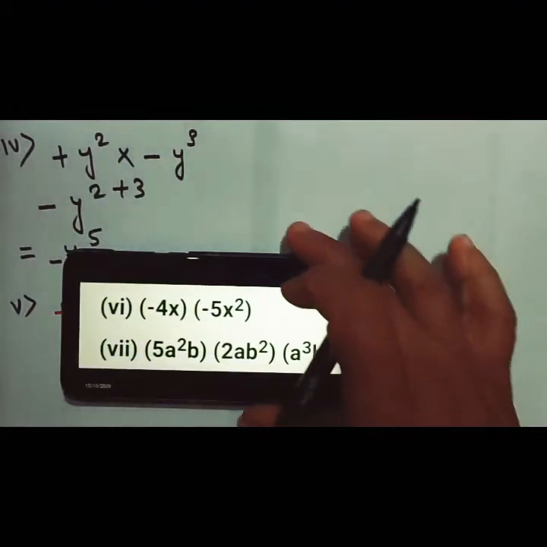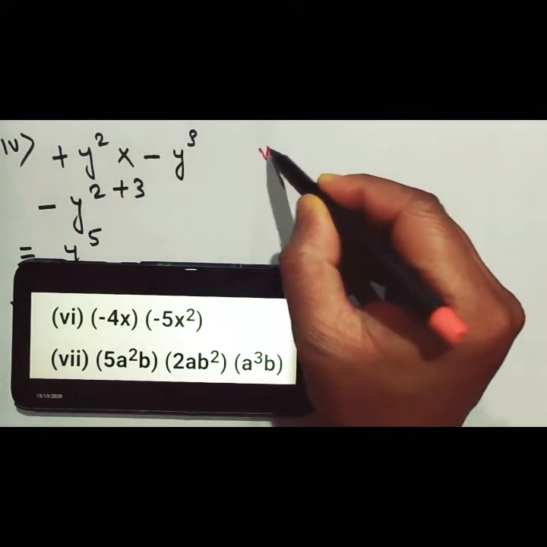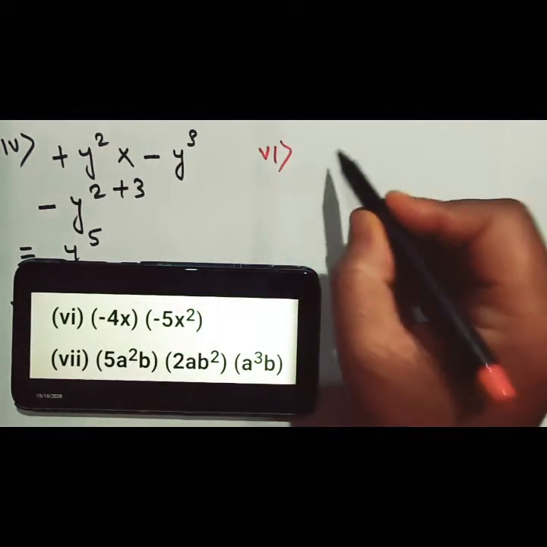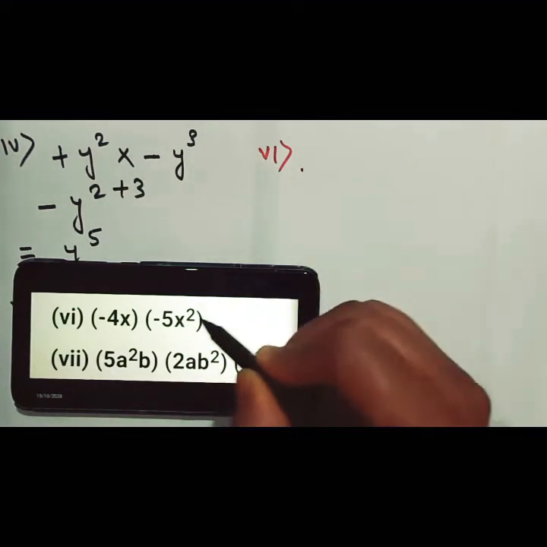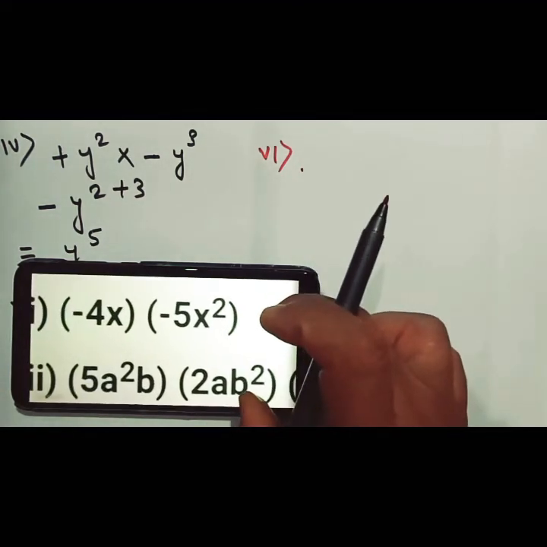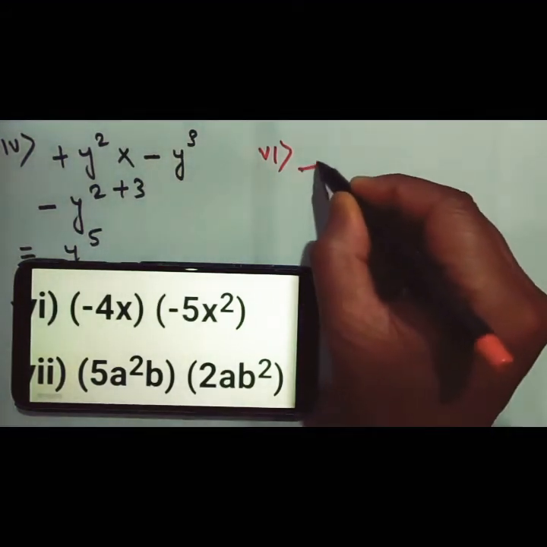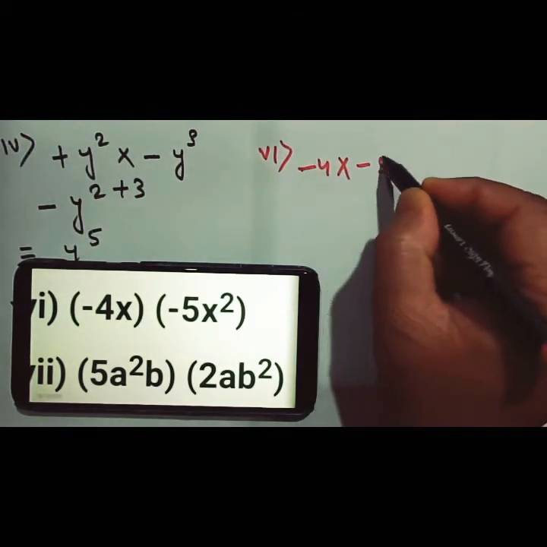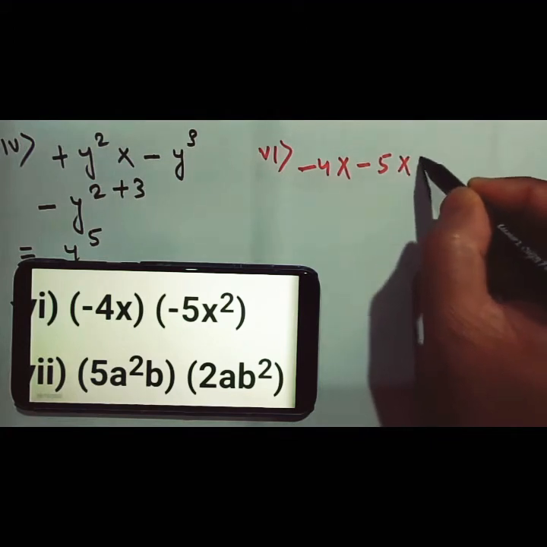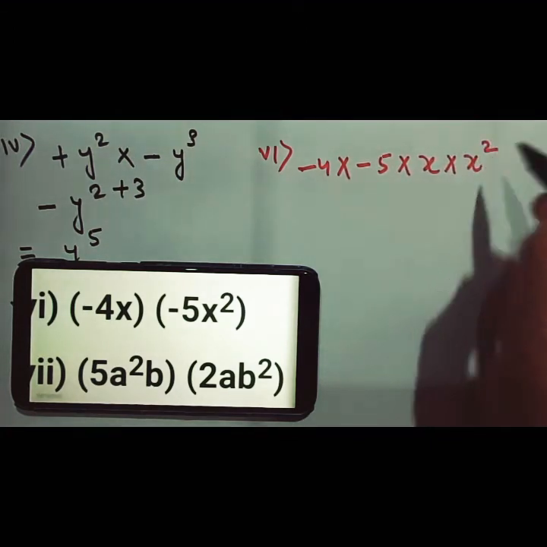Number 6, we have minus 4x multiplied by minus 5x square. Look at the question. Try to observe the question first. So minus 4 multiplied by minus 5 multiplied by x multiplied by x square.